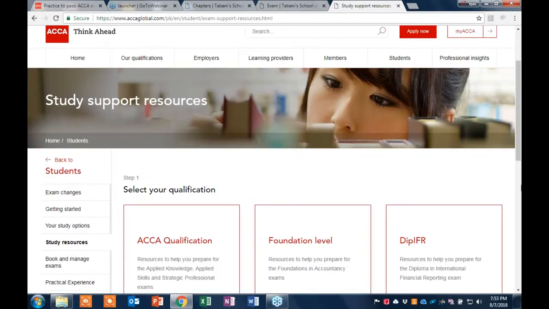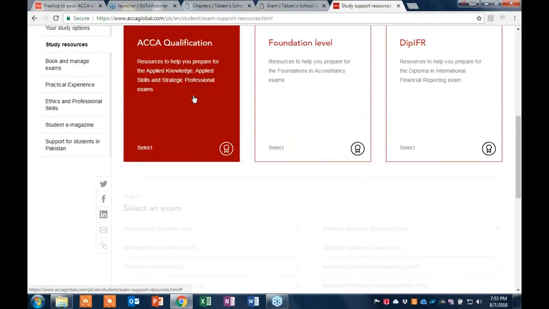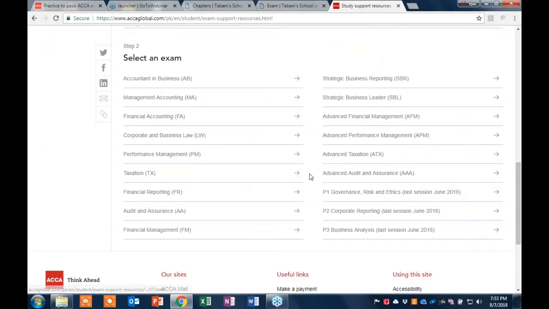Click on Exam Support Resources, click on ACCA Qualification, Paper Financial Management. Here we go, Financial Management.